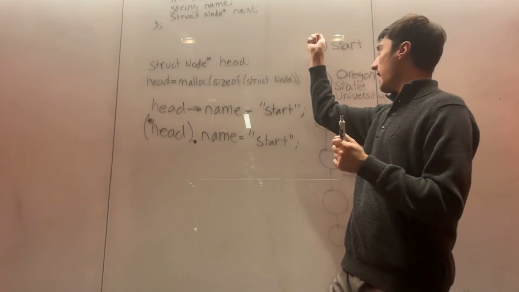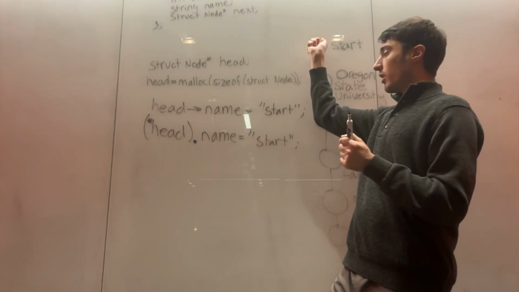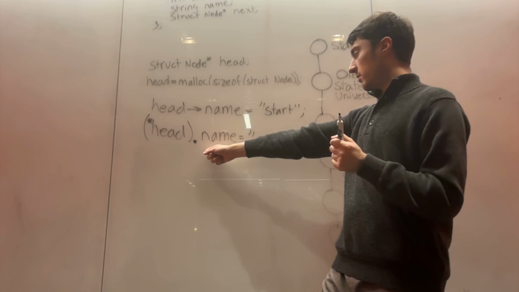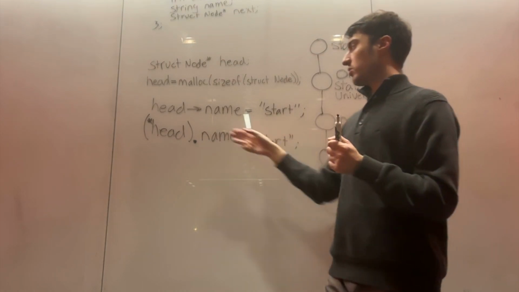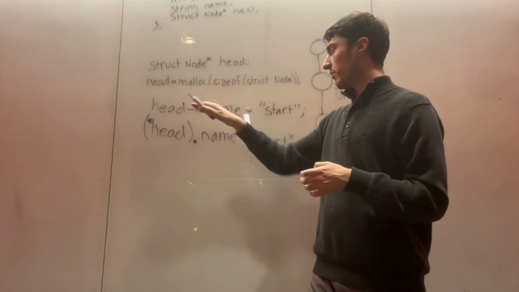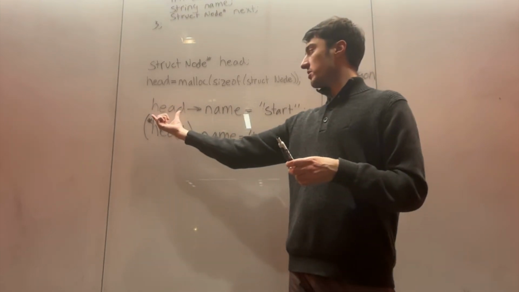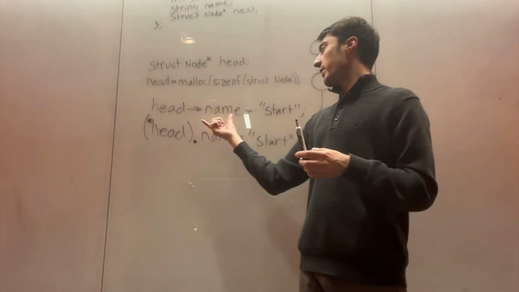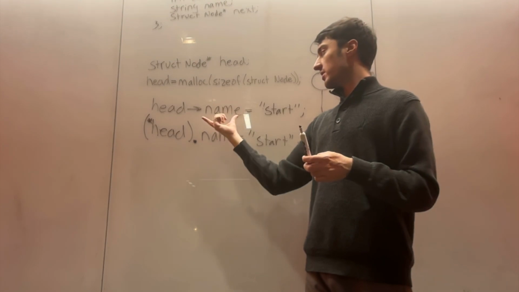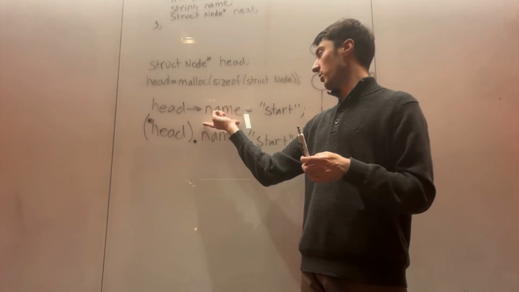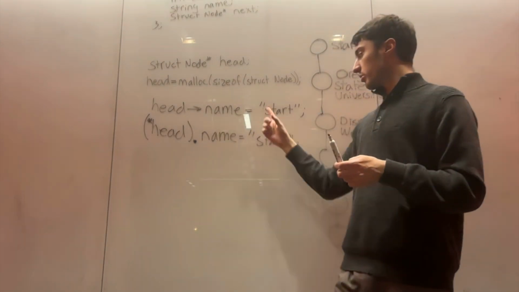So we go here, and at this struct there's going to be a name, and then we can assign it. So that's what that arrow is doing. Whenever you see the arrow, it dereferences this pointer and then accesses this member variable. Okay, so those two are equivalent.